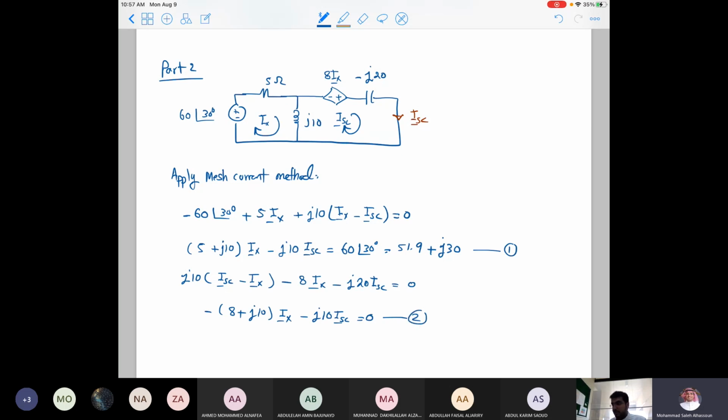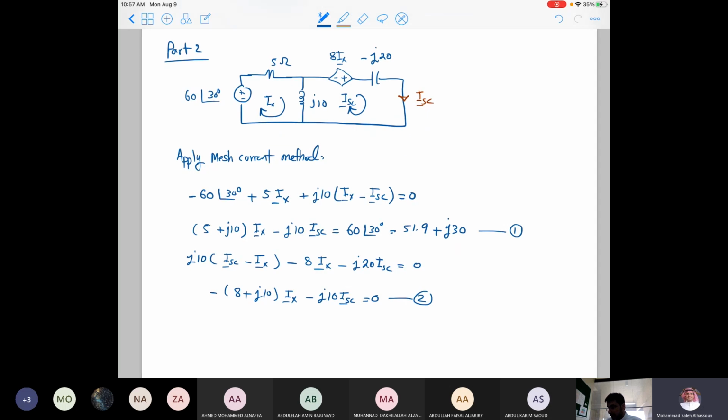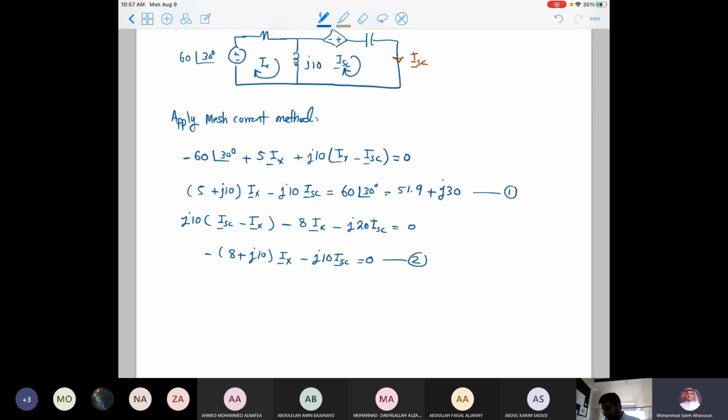I can apply Cramer's rule to find it. It's really easy here because one of the constants, C2, is 0, so this will simplify the calculation a little bit.